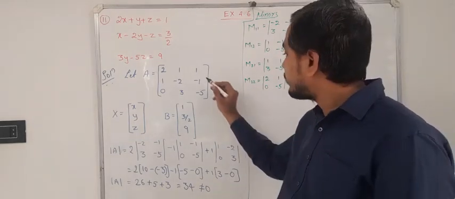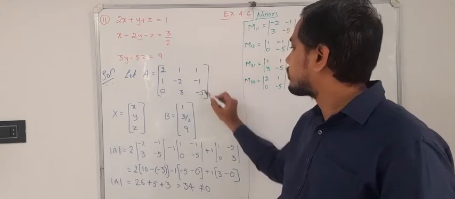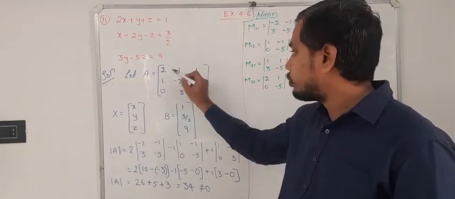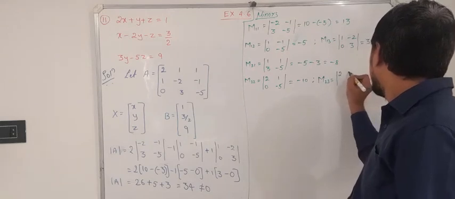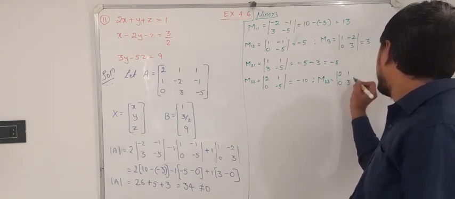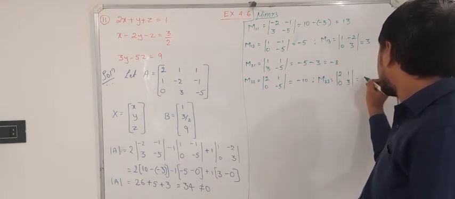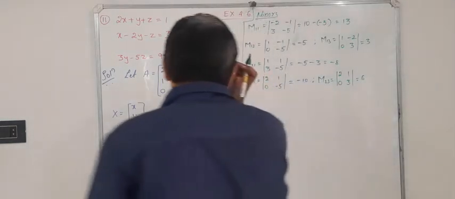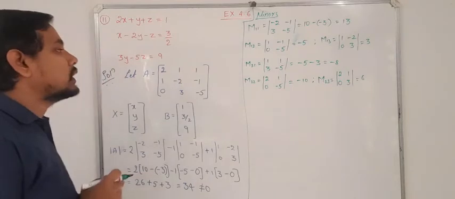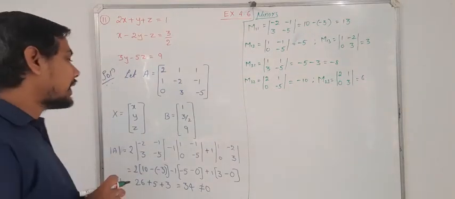So the A23 is minus 1. Leaving this row and this column, what are the elements left? 2, 1, 0, 3. So 2 into 3 is 6, minus 0 into 1 is 0. Okay. So M23 is finished.